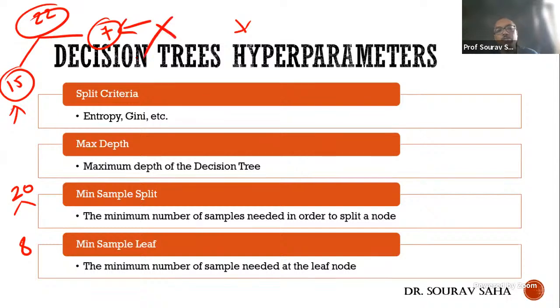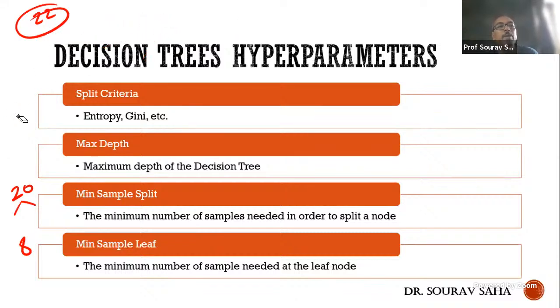Minimum sample leaf has been marked as 8 and here you have got 7. Then this particular split will be invalid, and overall this node you will not be able to split because of the conditions put in by the minimum sample split and the minimum sample leaf. I hope you got the point. Okay, let's go ahead.